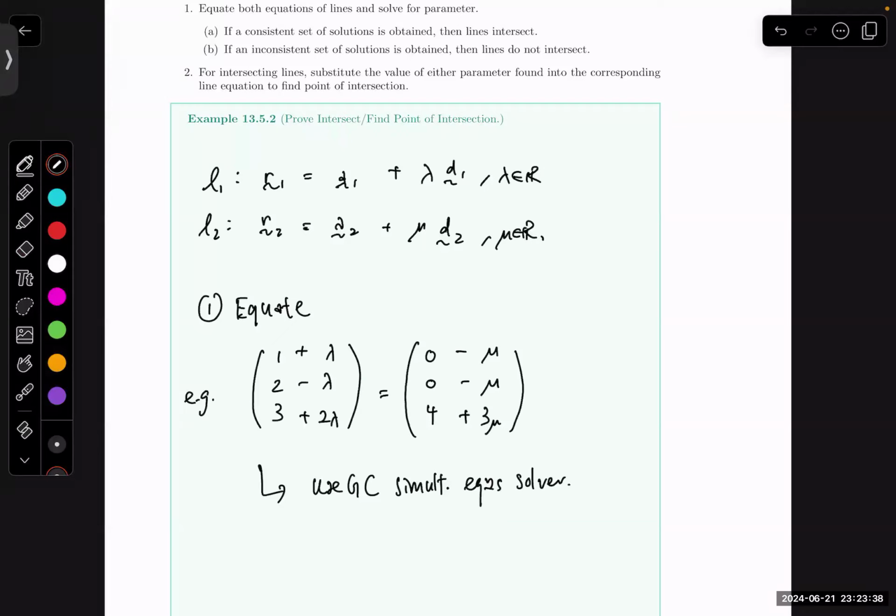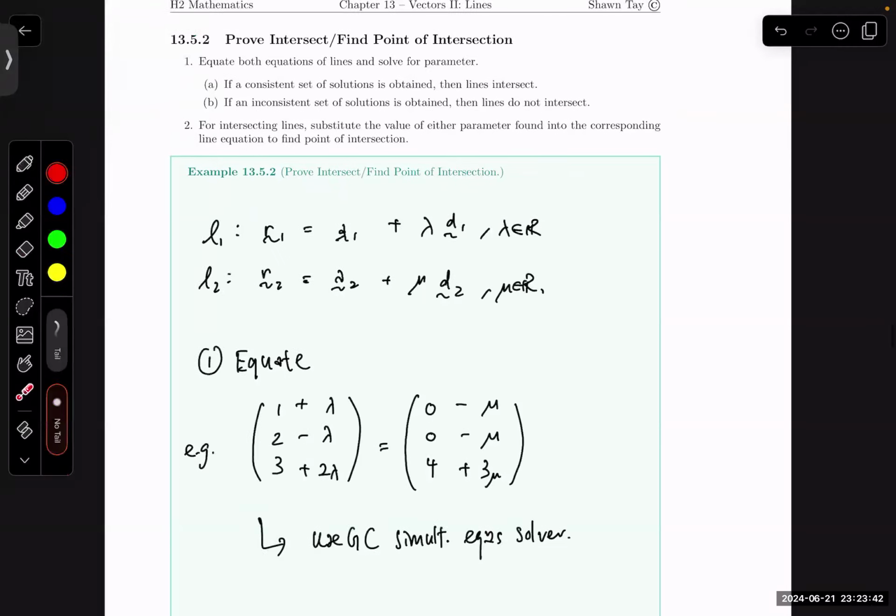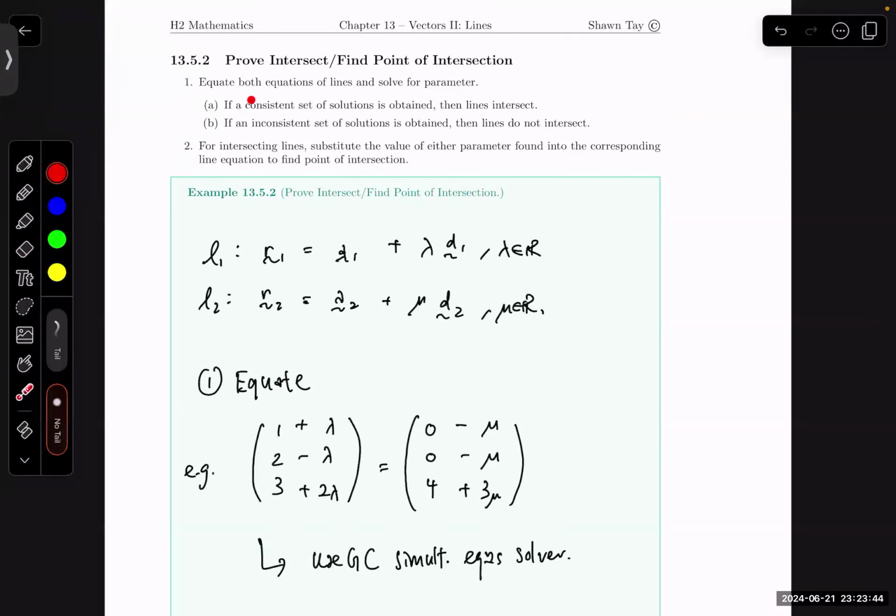If there are no such values, so no consistent set of solutions, then the lines do not intersect. If there are consistent solutions, then the lines do intersect, and then you just sub in.